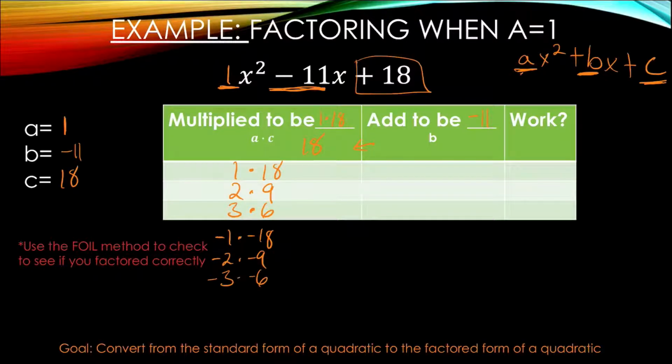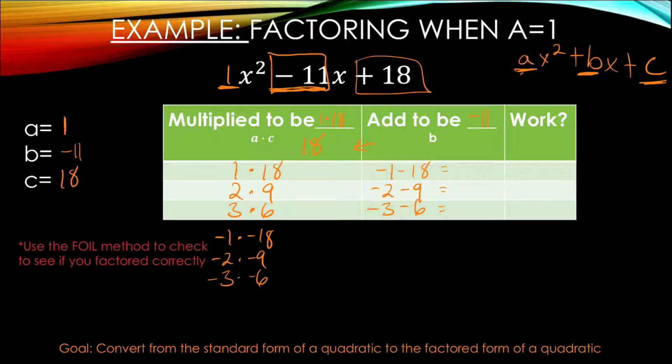I usually just try to figure out where my positives and negatives are based on this b term up here. If I add something together and it needs to stay negative and they multiply to be a positive, both numbers will be negative. So I'm going to say negative 1 minus 18, negative 2 minus 9, and negative 3 minus 6.